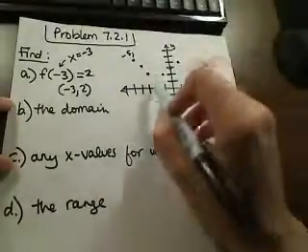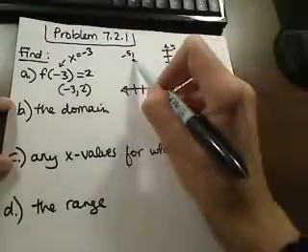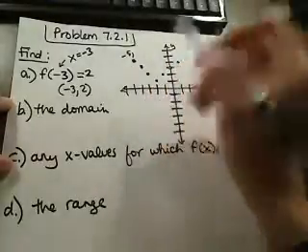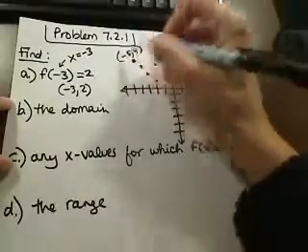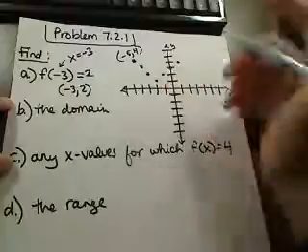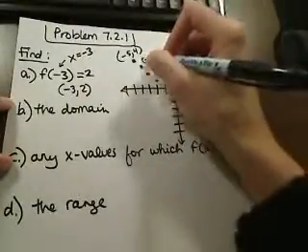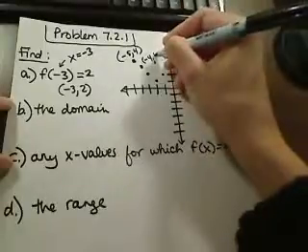I think my graph is a little off. This is supposed to be at 3. This is supposed to be at 4. So this is negative 5, 4. It's a little bit hard to copy these off of the computer, but on the problem on the computer, they have them accurate. This point right here is negative 4, 3.